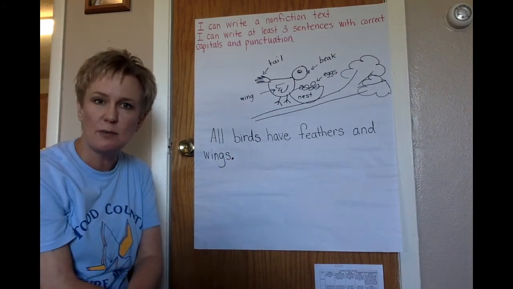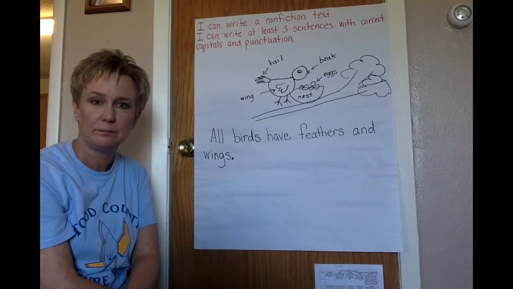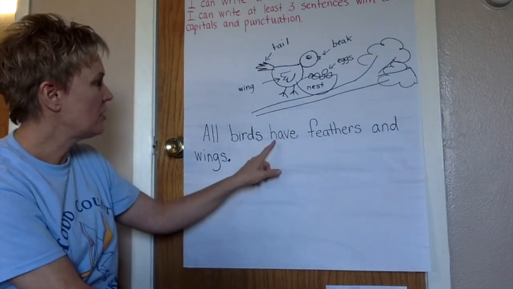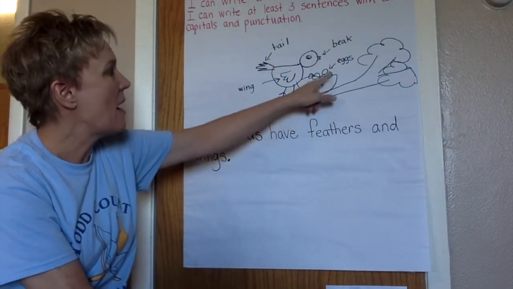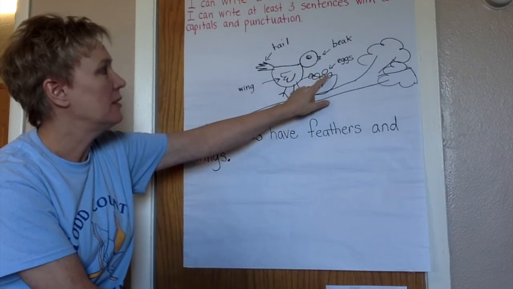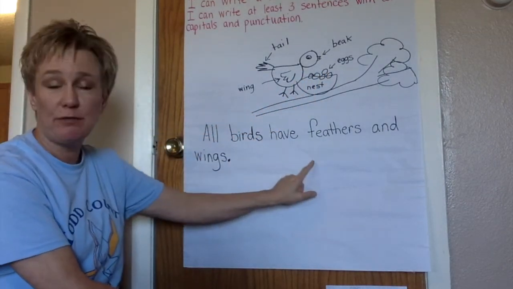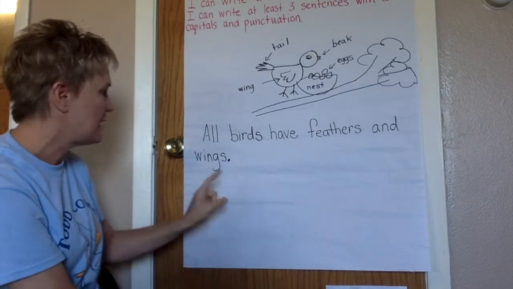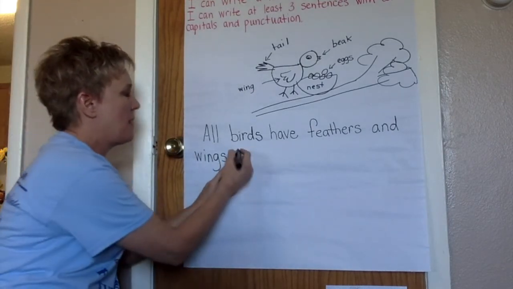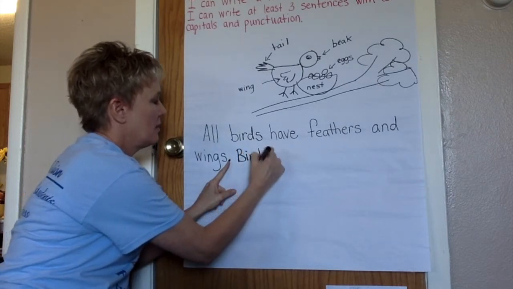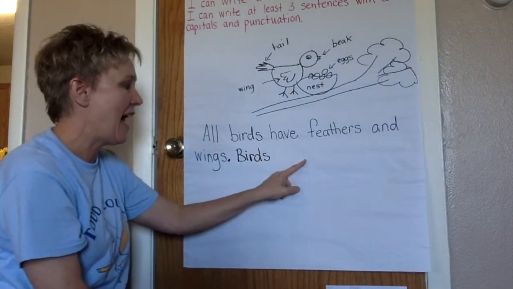What's another sentence we can write about birds? So what could we write our next sentence about? Let's look at our picture to help us. What about eggs? What did we learn about eggs? Birds hatch from eggs. Good sentence. Let's write that. Birds, and we know that we have to put that capital B. Birds hatch.